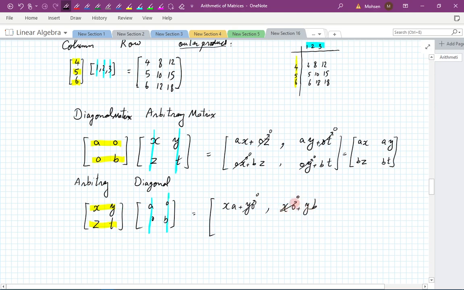So this portion is just 0. And then ZA plus T0. Of course that is 0. And then what? Z times 0 plus TB. Now when we clean it up and write it just like a civilized person, without all those useless zeros.